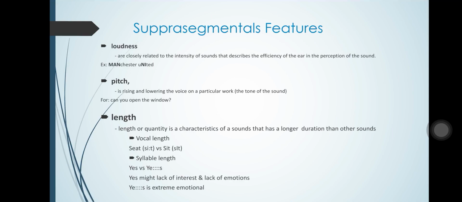So I have here the first example, which is vowel length. In the word seat, with an ea, the duration of this sound is longer than in the other word, which is sit.